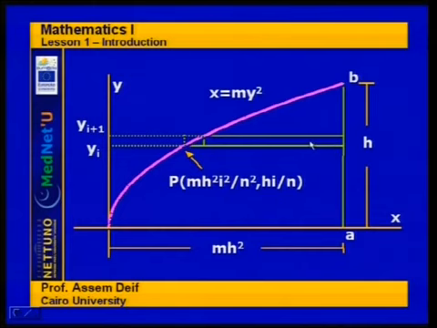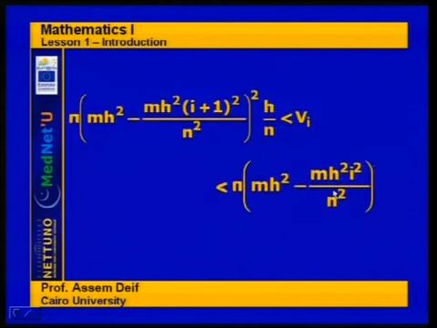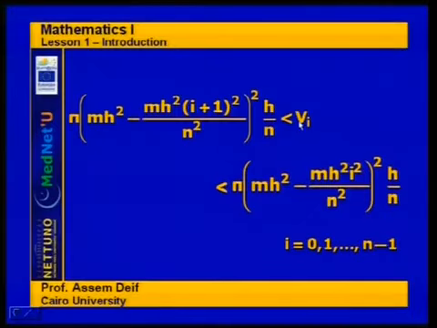So if you sum this up for i from 0 to n minus 1, because you start from the base on the x-axis up till the highest point h, you end up with the volume of revolution of each lamina bounded between these two values. Here i ranges from 0 to n minus 1, and here too.